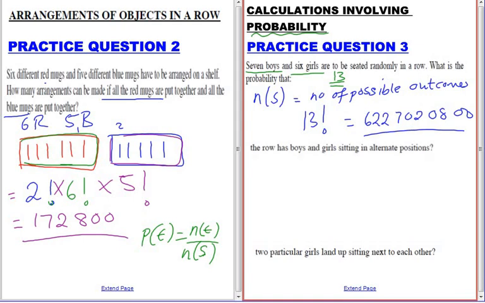So since there are 7 boys in this situation and 6 girls, I think you would like to start with a boy. Then you go girl, a boy, a girl, a boy, girl, boy. You know, how many are they? 1, 2, 3, 4, 5. Oh, we still have to put that one, really.